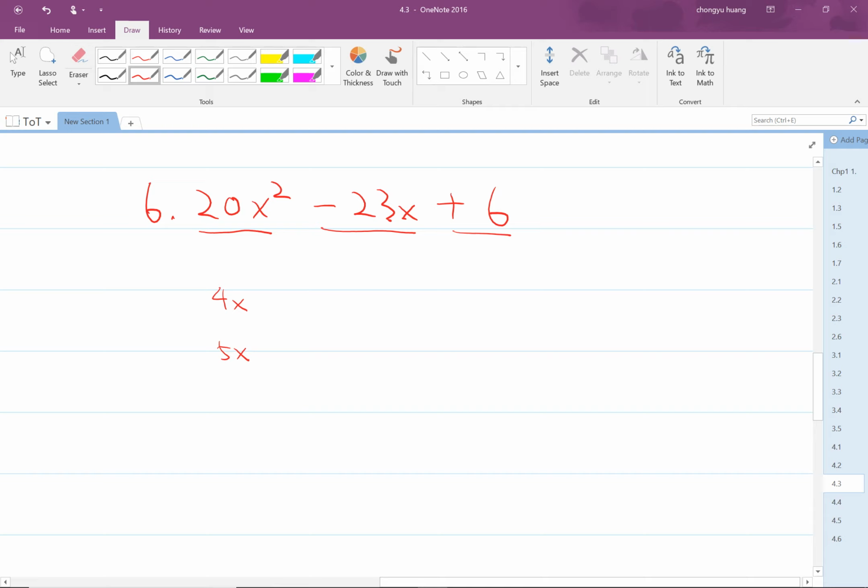What I mean by try is that you know 20x squared can also be equal to 2x multiplied by 10x, and 4x multiplied by 5x, right? So that's basically two of the possibilities. We don't know which one is going to work. So that's why I say maybe we try this one first. If it is not working, then we have to choose this one, right?